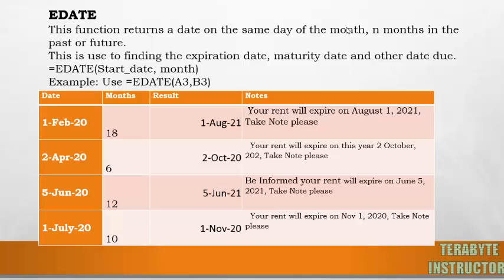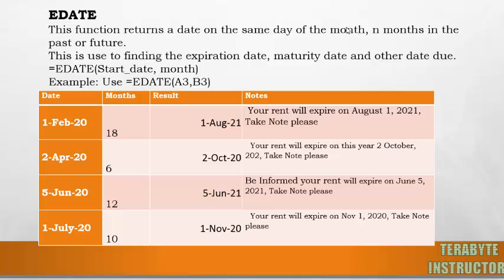If you specify the month, then how do you calculate the result? The result is going to be EDate, open bracket, the date, that is the cell where the very day the person collected the rentals, comma, the month. You don't need to type the month, just click on the cell where you have the month. Automatically it's going to give you that result.